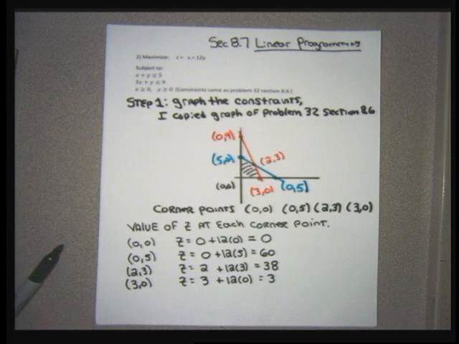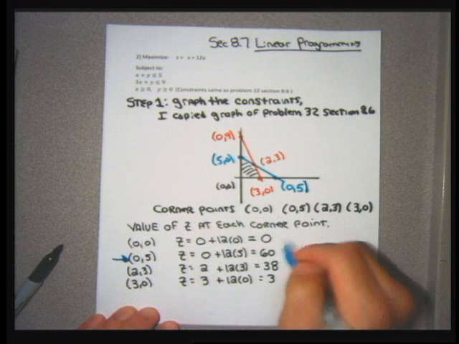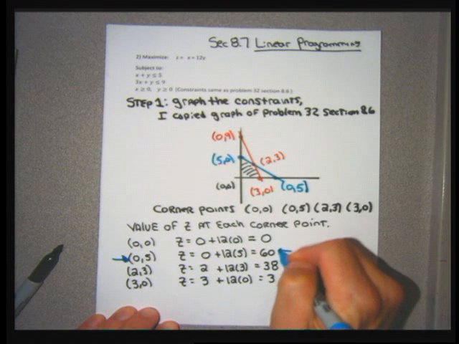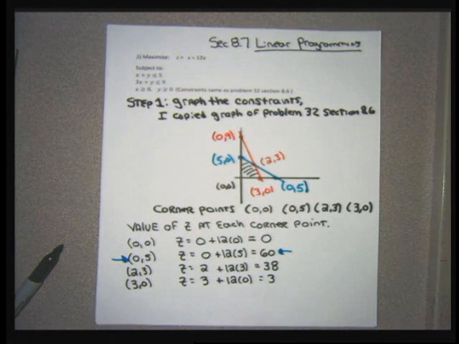My goal is to find the biggest value that z can be subject to these constraints, and there may be some other point in this constraint region that produces a value of 60, but no one that produces a value bigger than 60.